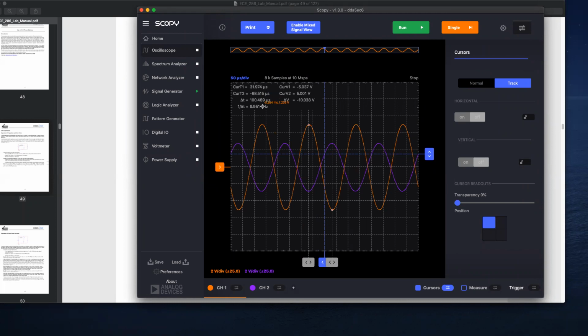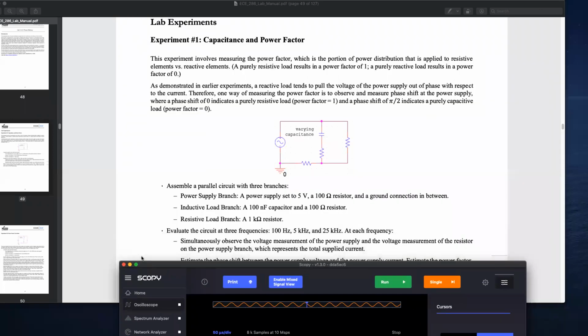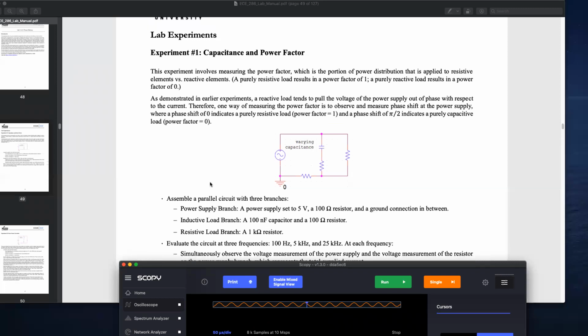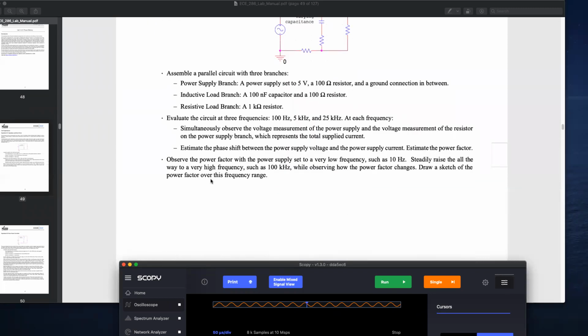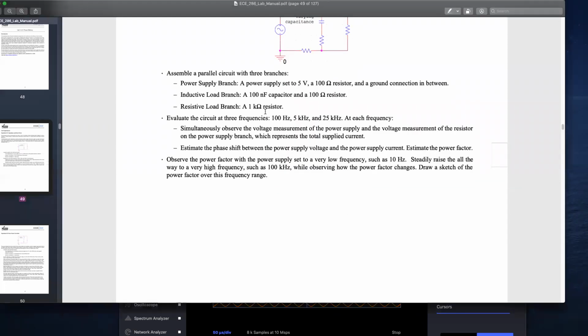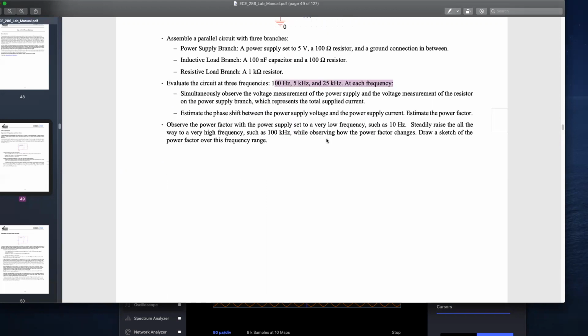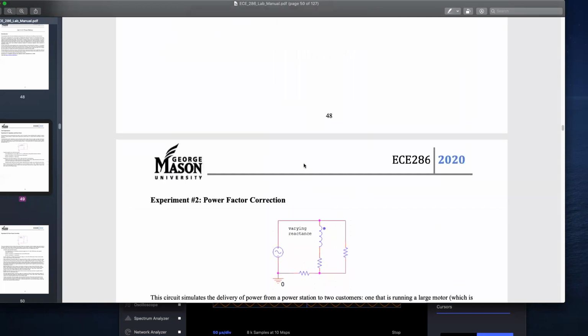If you relate that to phase, you multiply that change in time by 2 pi and divide by the period, and that will be your phase shift. And if you take the cosine of that phase shift, you get the power factor. Don't quote me on that, but I'm pretty sure that's right. Then you evaluate the circuit at 2 other frequencies and estimate the phase shift at those frequencies.